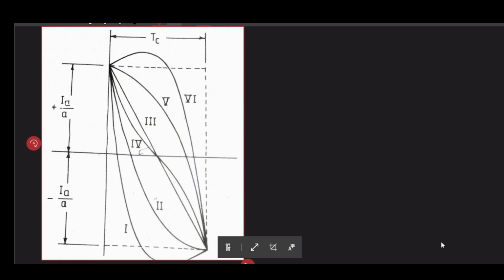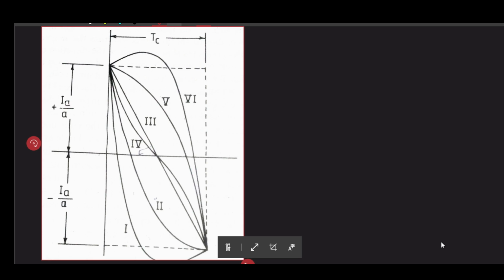So this current reversal must take place in a very smooth manner. What we can see is that in the case of curve 1, how we can get this type of different curve will also be discussed. Curve 1 is a kind of accelerated commutation, that means the reversal takes place at a very fast speed.